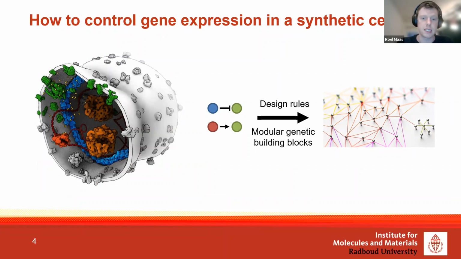So we need a set of modular genetic building blocks which can be used to either activate or inhibit expression. And we need a set of design rules to be able to, at the end, create networks to control the gene expression in the synthetic cells. And these networks are called synthetic genetic networks.